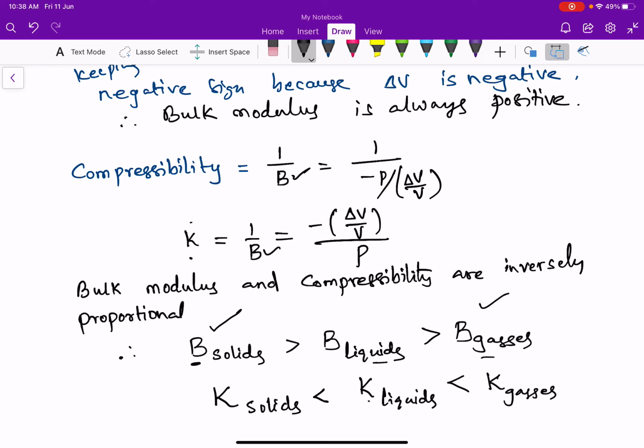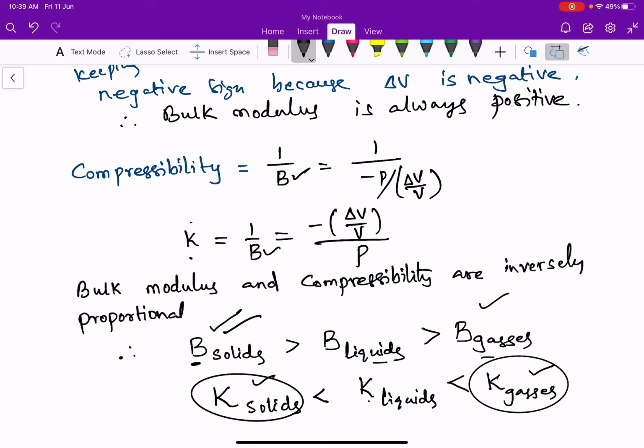Among solids, liquids and gases, which one will be compressed more? Gases will be compressed more and solids will be compressed less. Why? Because solids are closely packed and the interatomic distance is almost fixed, so compressibility is less and therefore the bulk modulus will be more.